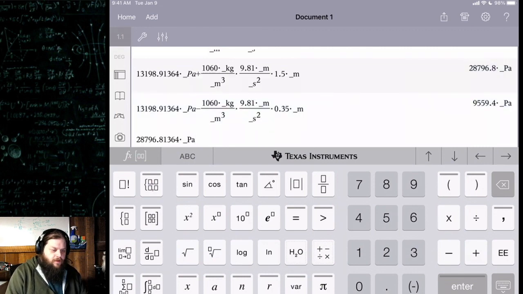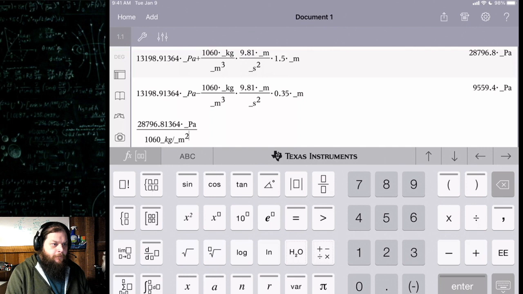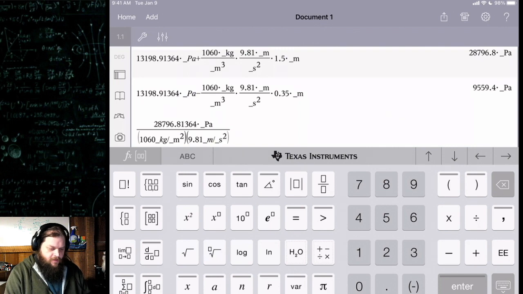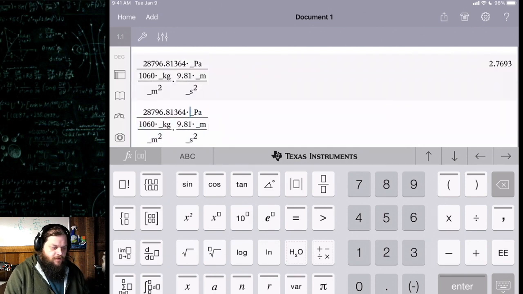So that's pascals at the feet level. Divide that whole thing by 1060 kilograms per meter cubed times 9.81 meters per second squared.